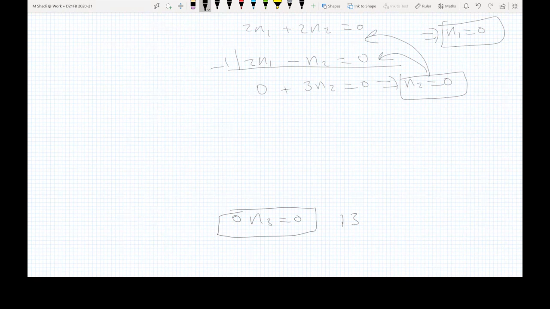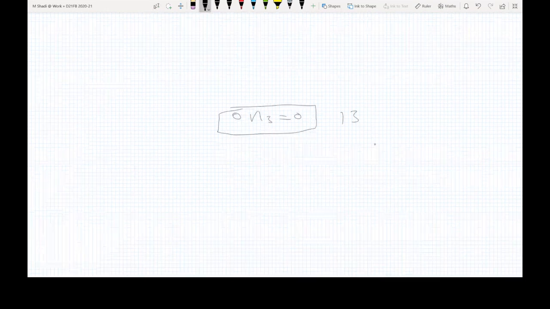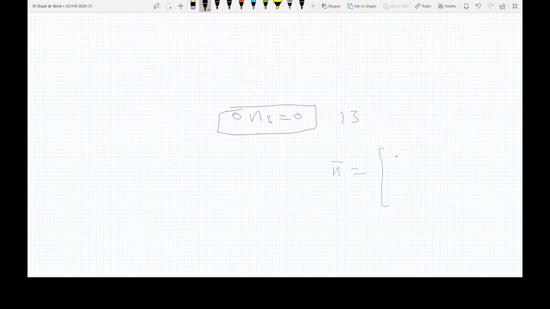Now, the length of this vector is going to be the value of n3. So if you pick n3 equal to anything and then you normalize, you will get this back to 1. So let us assume n3 is equal to 13. Then n is going to be, in this case, 0, 0, and 13. You want to normalize, you calculate the square root of the sum of the squares.